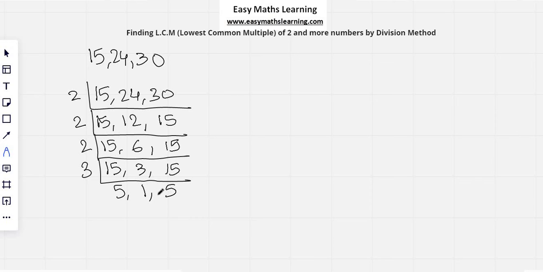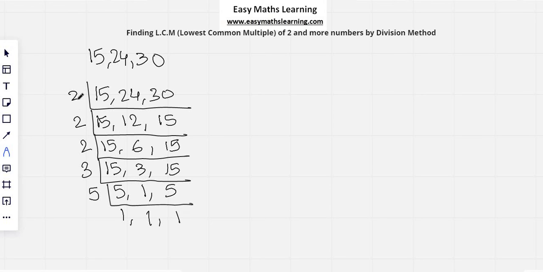So there are no more multiples of 3 now. So we will now divide by 5 because there are two 5s here. 1 will remain as 1, whatever number we divide with. So 5 divided by 5 is 1, and again 1.